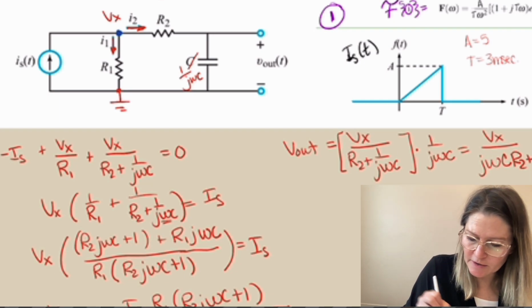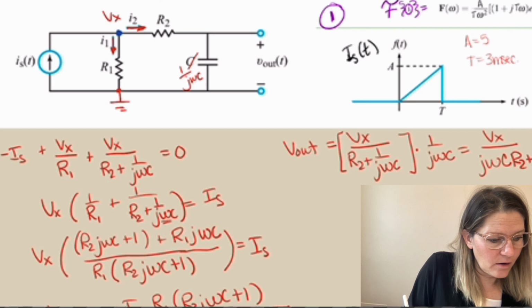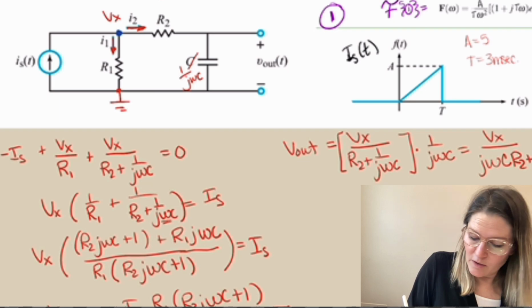So when I multiply this on the top, it gives me 1 over j omega C, and then I multiply it on the bottom, and it gives me R2 over j omega C. I'll just write this out, might be easier. It's j omega C. Okay, and then I multiply it by 1 over j omega C, and these are going to cancel.